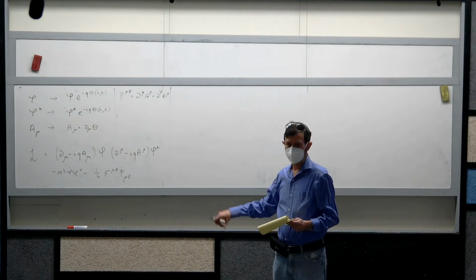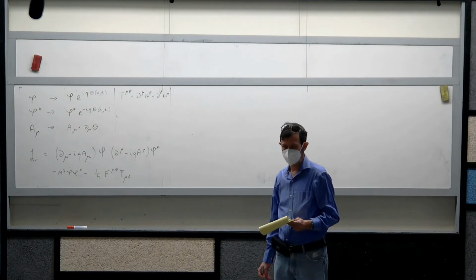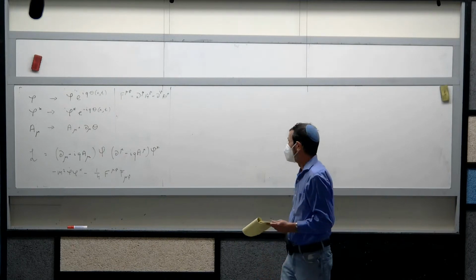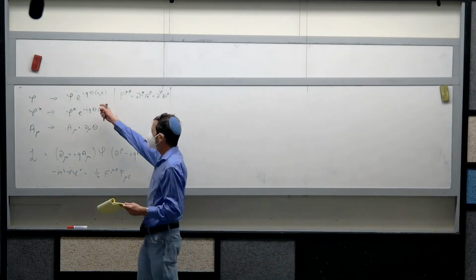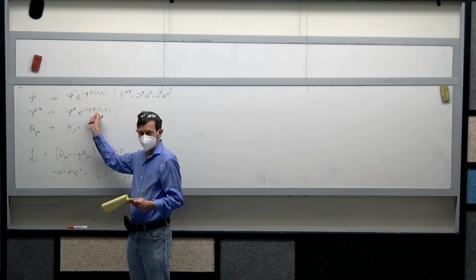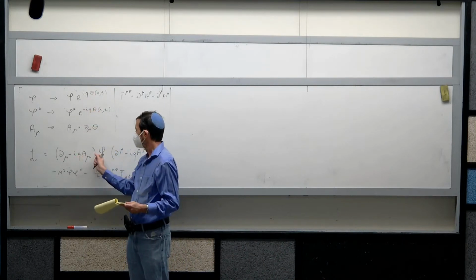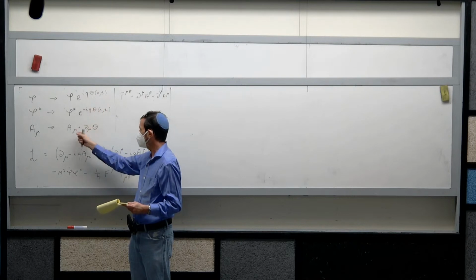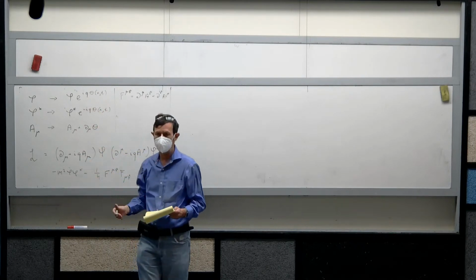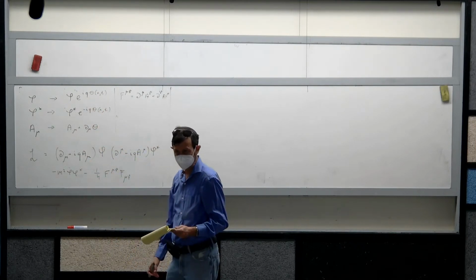Okay, all this we defined in the previous lecture. Now I said if I replace phi and A in this Lagrangian, I'll remain with the same Lagrangian.